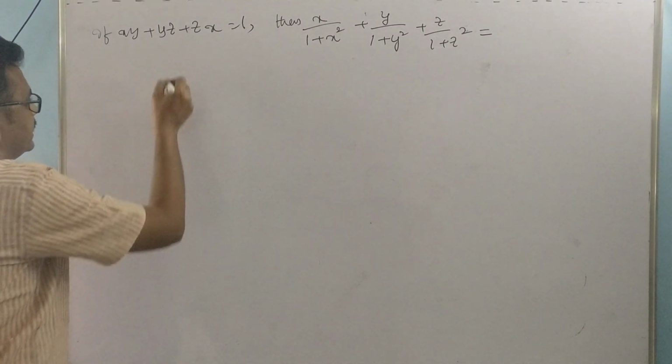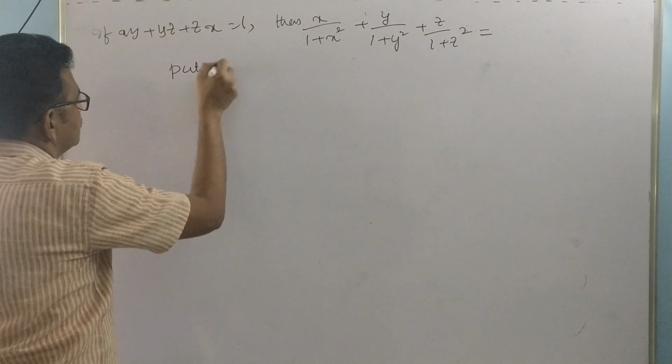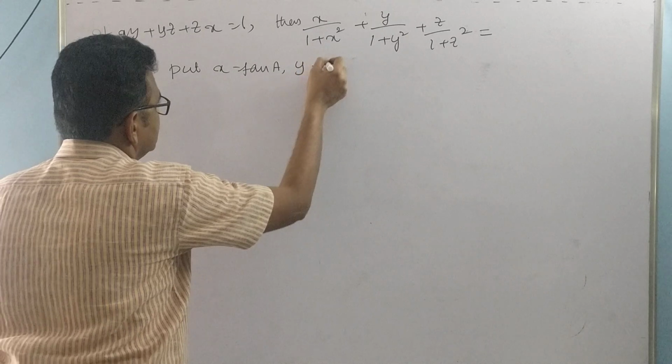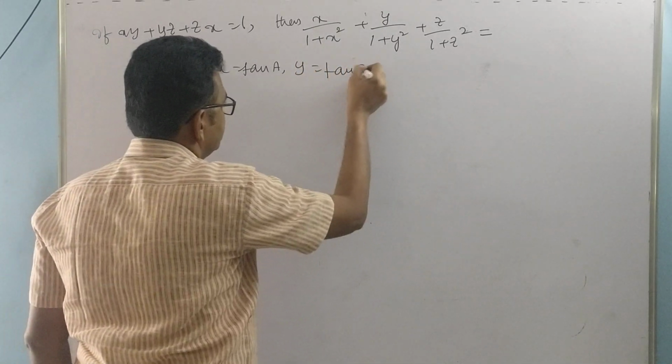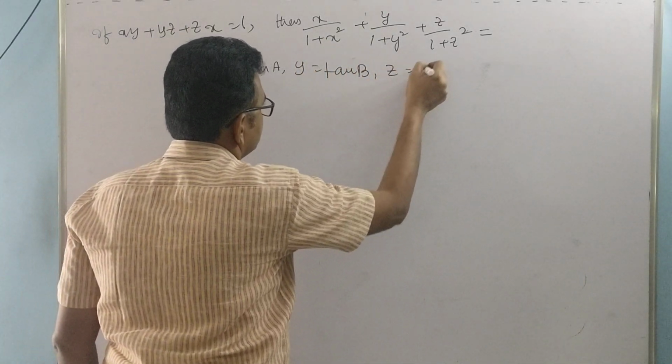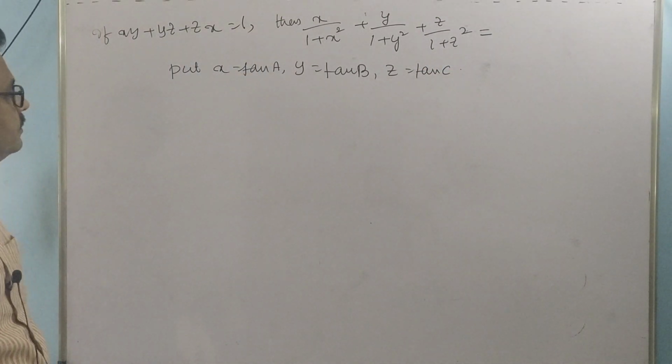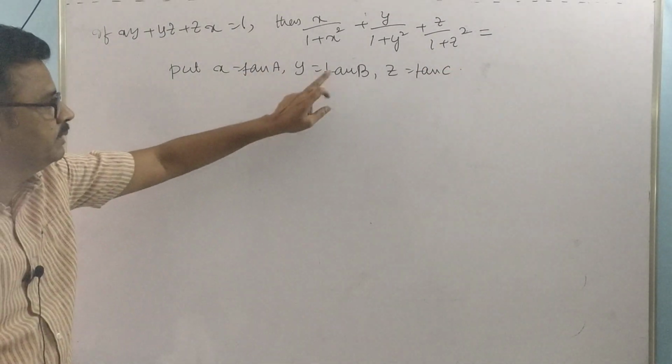Here put x is equal to tan A, y is equal to tan B, z is equal to tan C.